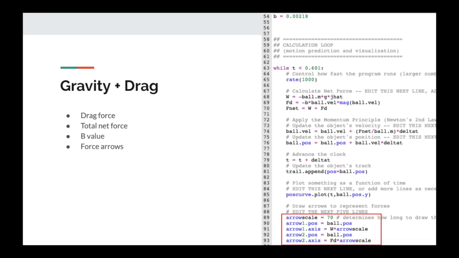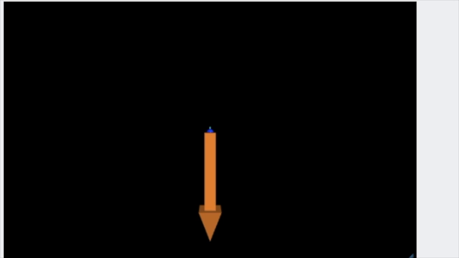Finally, I selected an arrow scale of 70 and added arrows that reflect the magnitude and direction of the forces acting on the object throughout its motion. Here, we see the outcome of the second round of coding, the computational model of motion of the ball, given both gravity and drag force acting on the object.